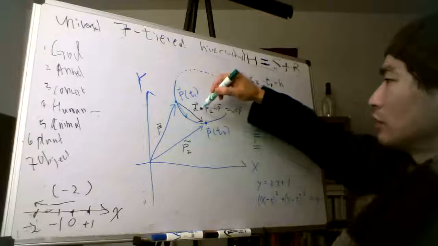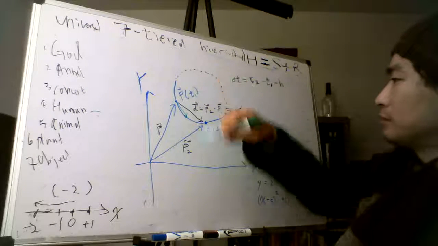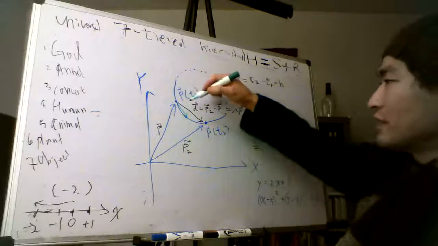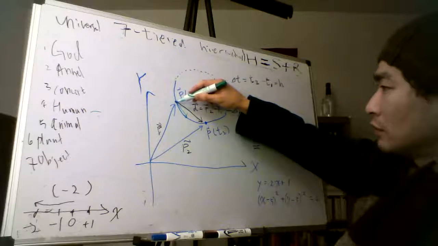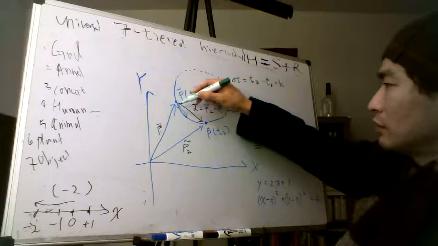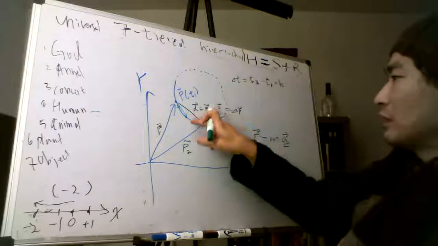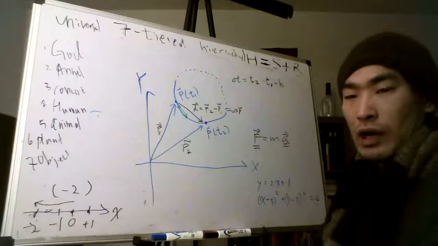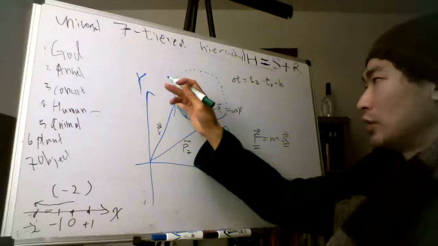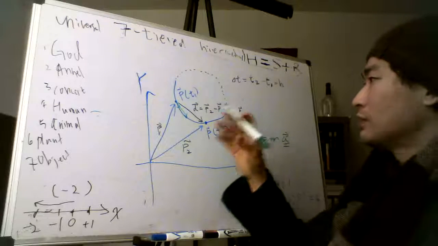That's your difference, your displacement vector, okay. And now how about 0.1 second? And so on. The displacement vector itself becomes 0 as time shrinks back to t1.